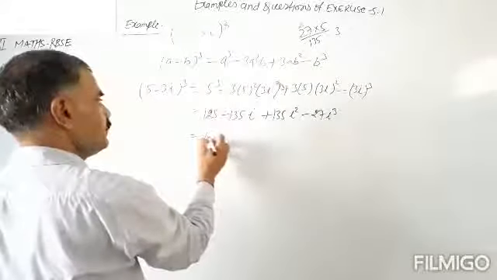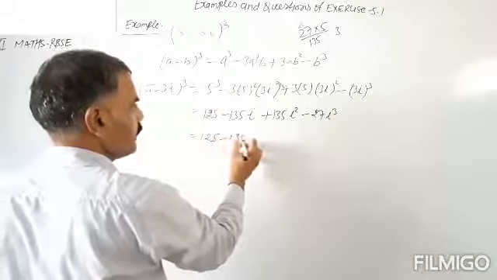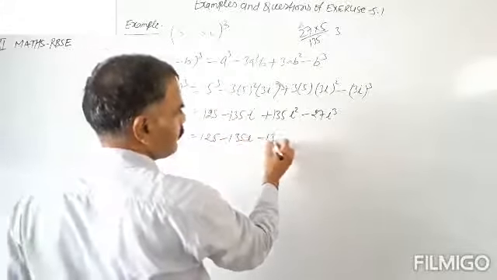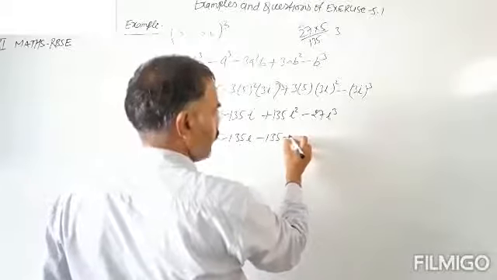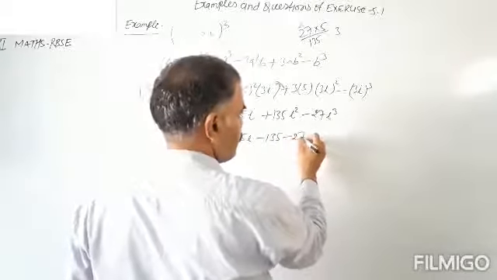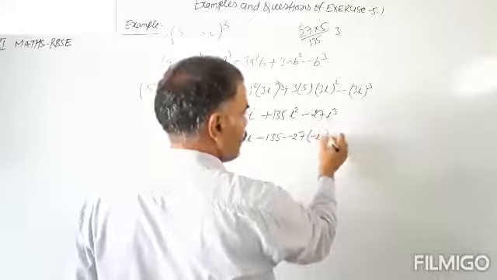So this is equal to 125 minus 135 iota minus 135 plus 27 iota.